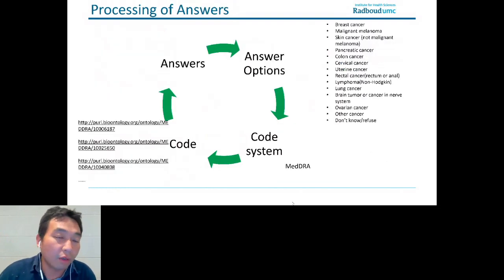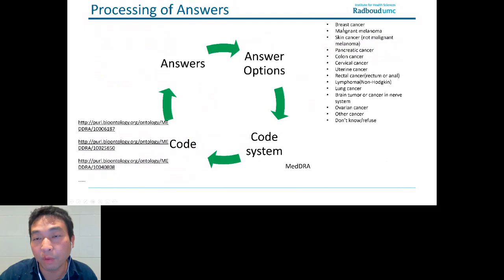In this slide, I would like to look at the process we use to deal with the answers. You see that it's almost similar to what we did with the questions in the previous slide. Again, we start from answers. For example, if a question is about the type of cancer, then there are already defined answer options.